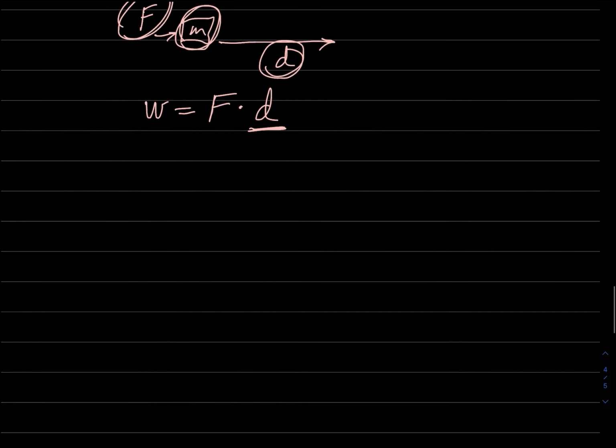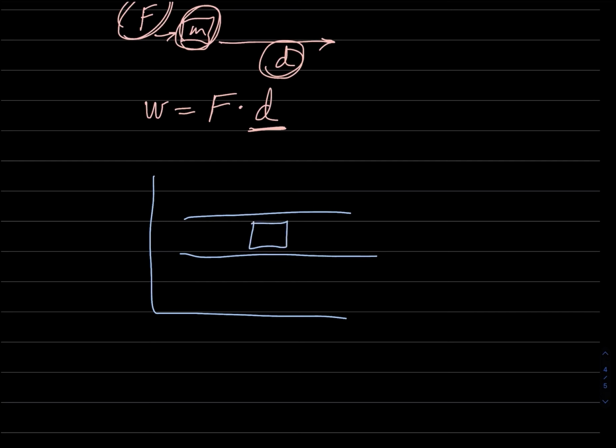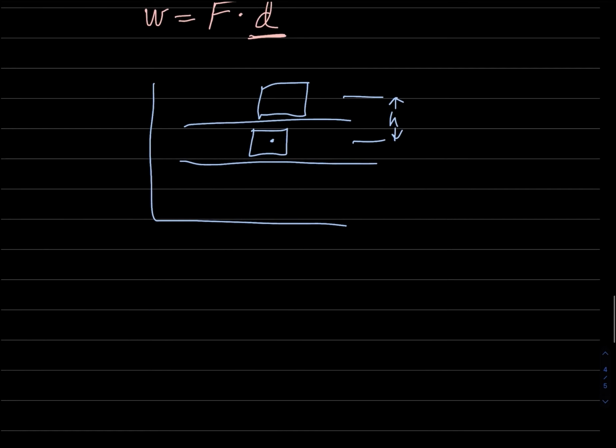Okay, so here's our storeroom again. Here's our middle shelf. Let's say he did take a box and he moved it up to the top shelf. And he moved it up a distance h. How much work did he do? Well, work is force times distance, and the distance he moved it was h.